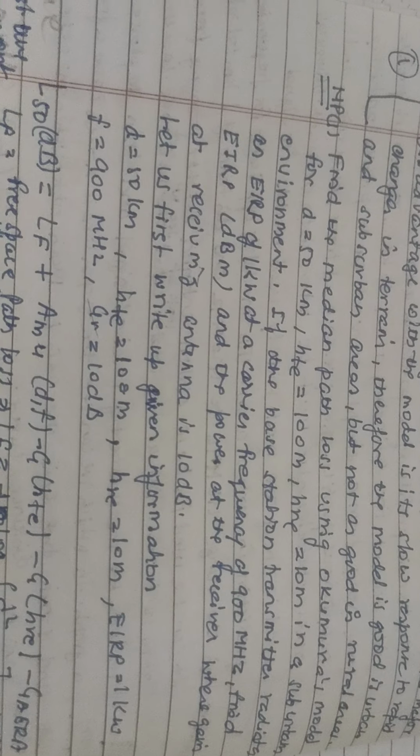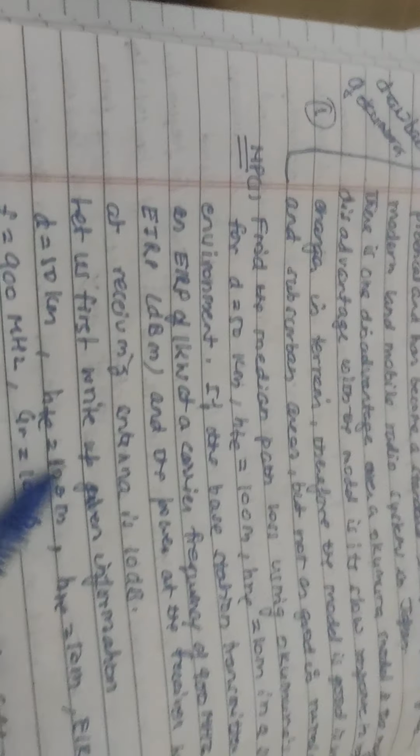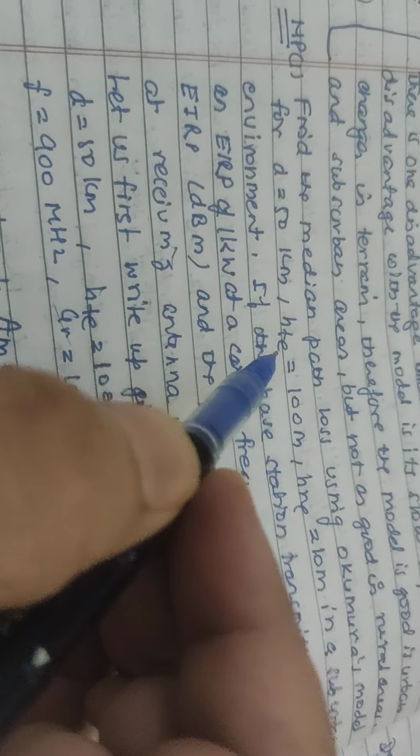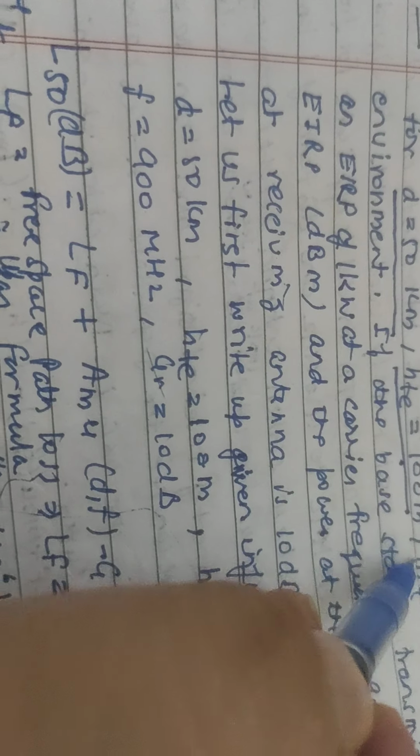So this problem is based on the Okumura model. What we have till now: the distance d is 50 kilometer, h_te is 100 meter, that is the height of the transmitter, and the height of the receiver is 10 meter.